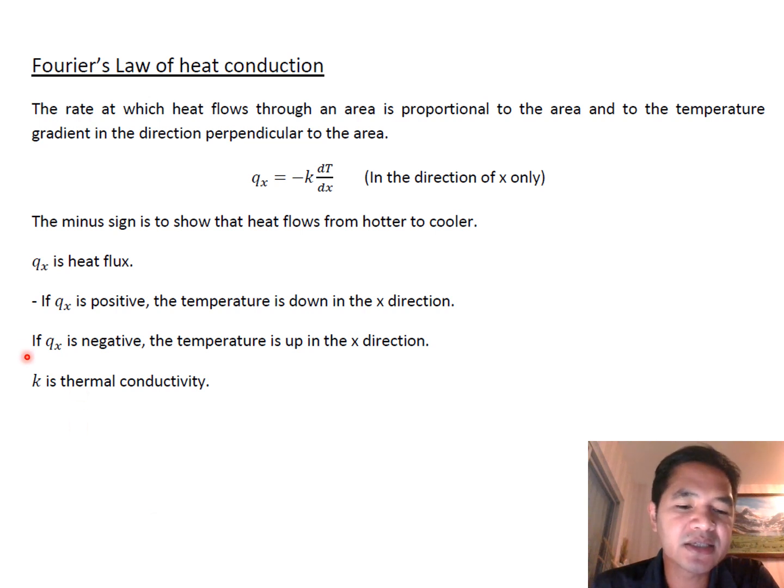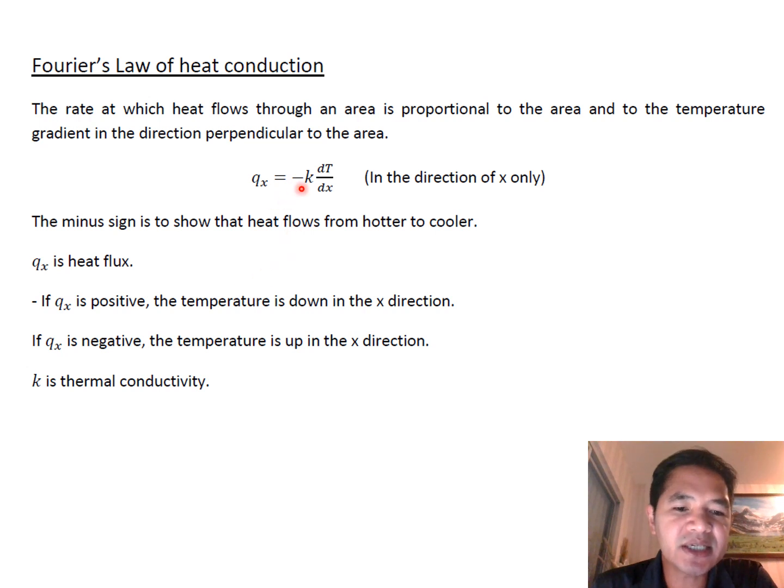That's what we call heat flux. K here is the thermal conductivity, which is constant. dT over dx is the temperature gradient along the x-axis, or along the axis that we consider. In this case we consider only the x-axis, so it is dT over dx.